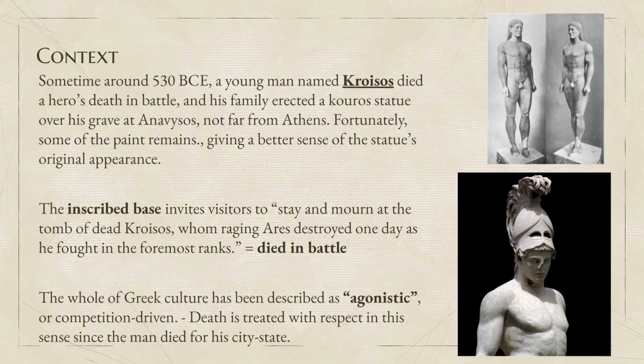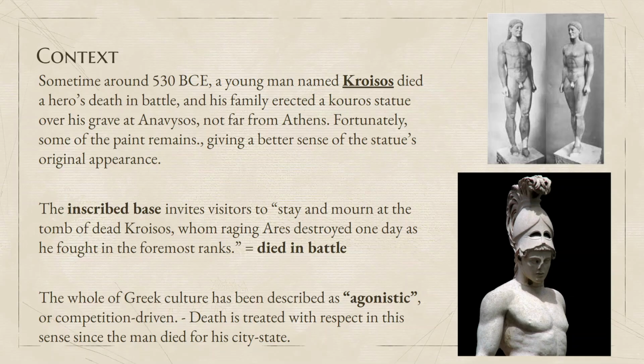It doesn't look exactly like him because A, we don't know what he looks like, but B, because this is an idealized statue, it's representing just the idea of a young man. They put this grave marker in Anavysos, hence the name Anavysos Kouros, so that's where his grave is.